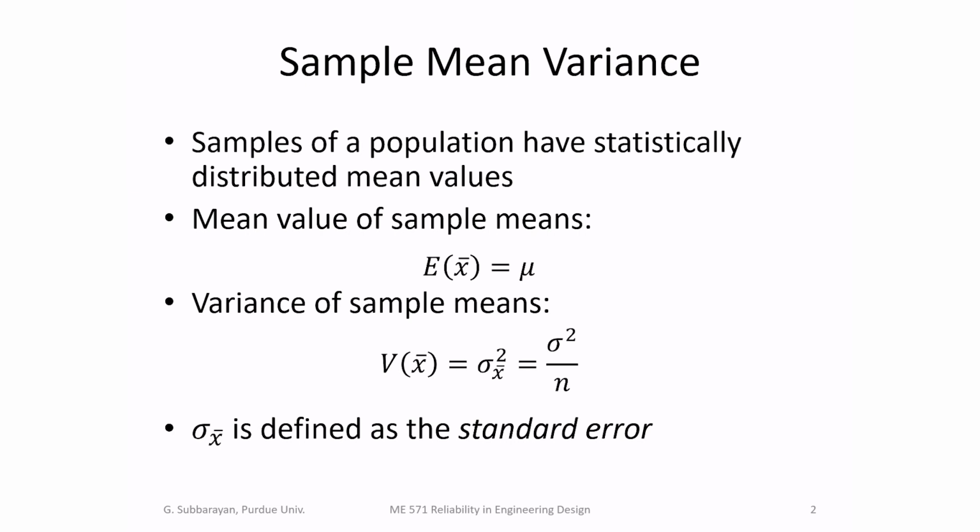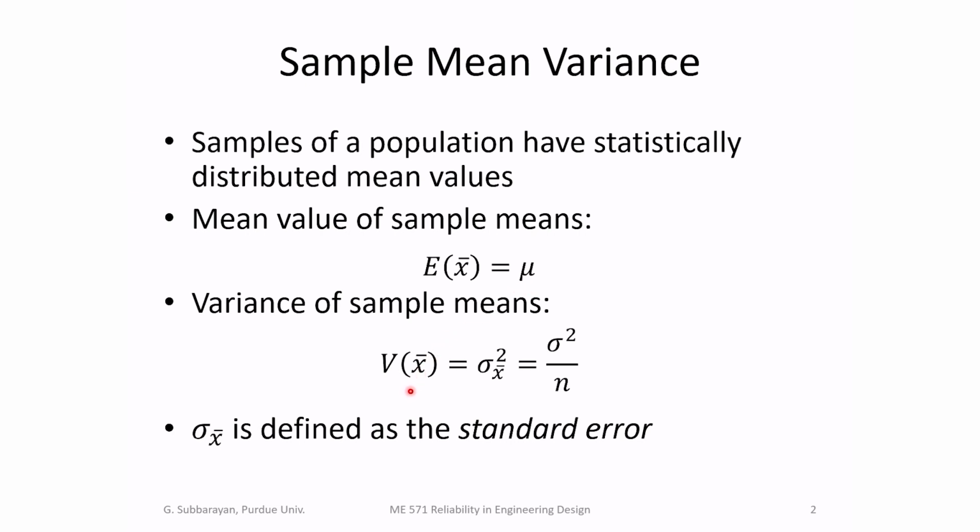So it turns out if you have samples of population and they have statistically distributed mean values, the sample mean is denoted by x bar, and the expected value of x bar is mu, which is the population mean.